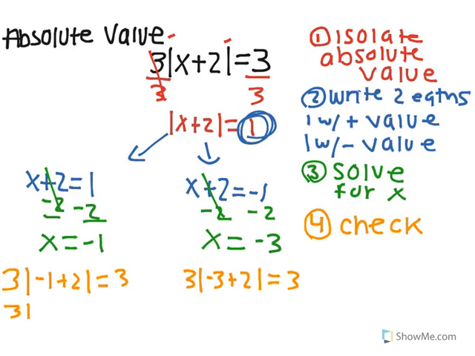So the negative 1 plus 2 is positive 1. 3 times 1 is 3. That's good. And over here, it's going to be 3 times negative 1, because negative 3 plus 2 is negative 1. The absolute value of negative 1 is 1, so 3 will equal 3.